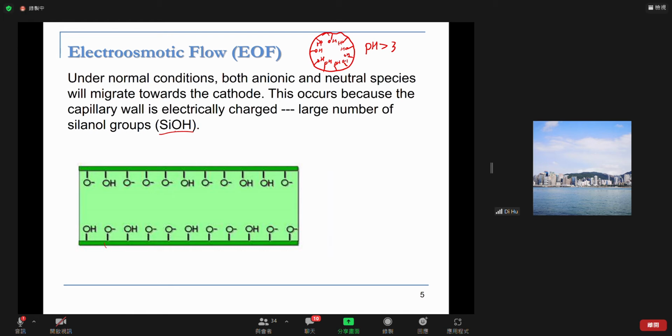As we expect, if we continue increasing the pH of the buffer solution, when the pH is larger than 9, which is really basic, all these silanol groups are almost fully ionized.